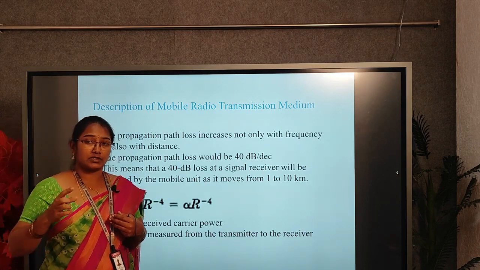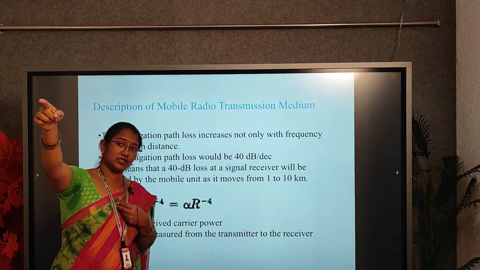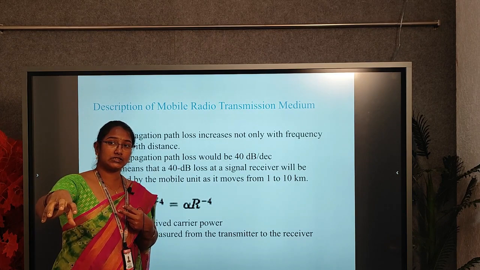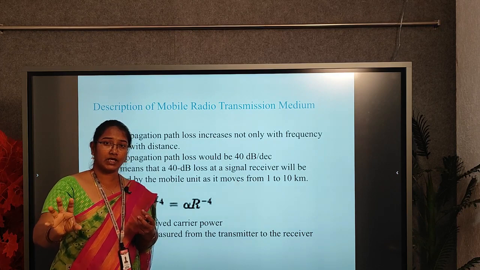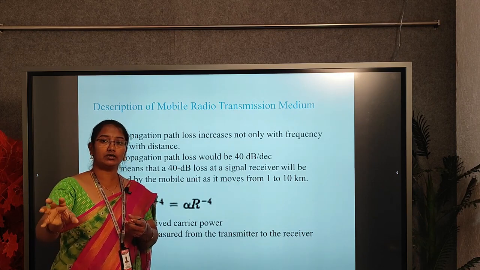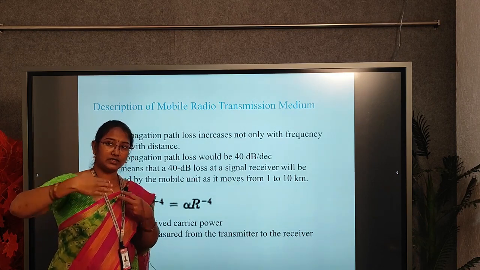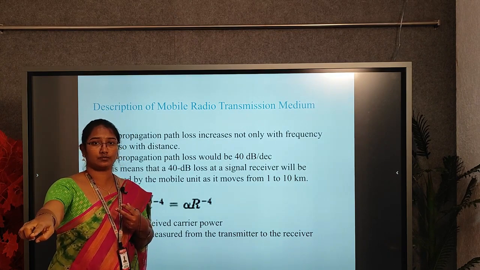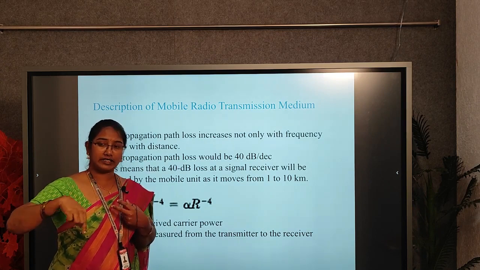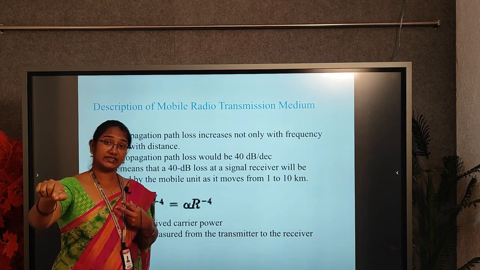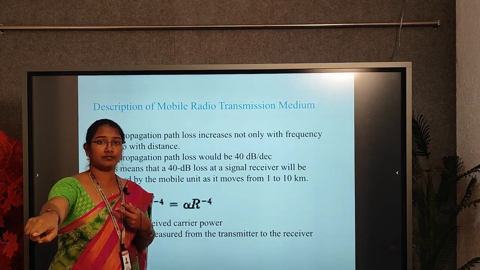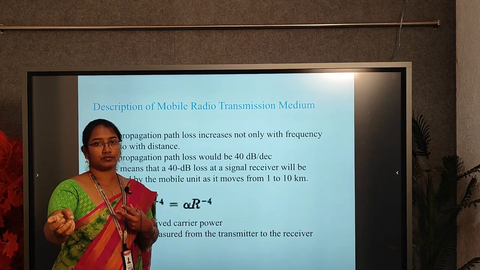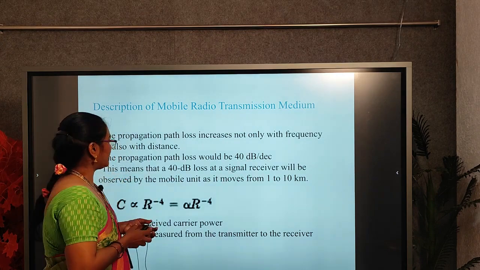And the second point is, in between me and the person I am calling, there is an area which is so cluttered and so many transmissions are going on in between. Then there is a chance of interference also. First, traveling loss will be there, and second, interference will be added, or the signal is distorted more. Two parameters we need to consider.